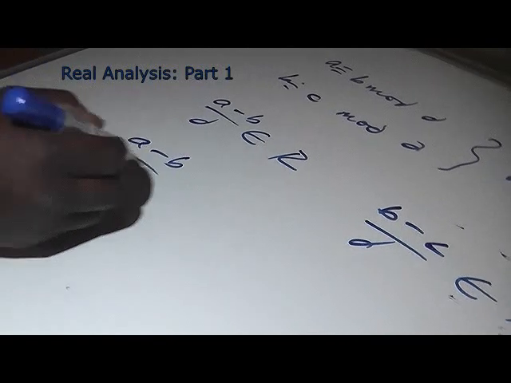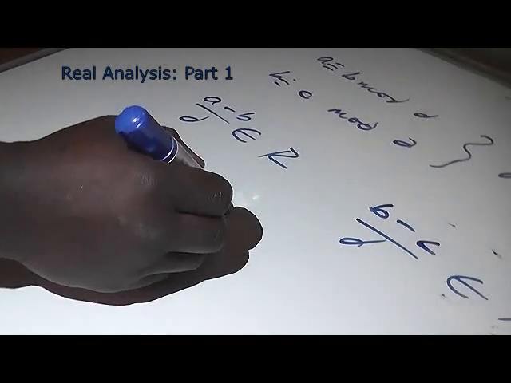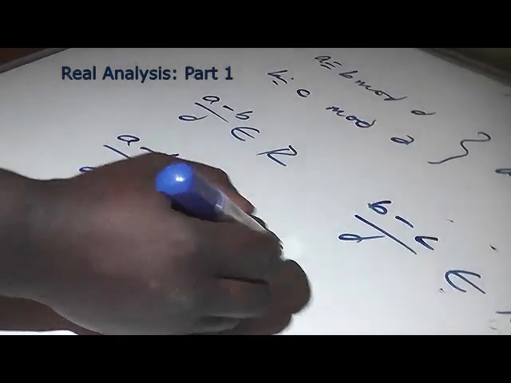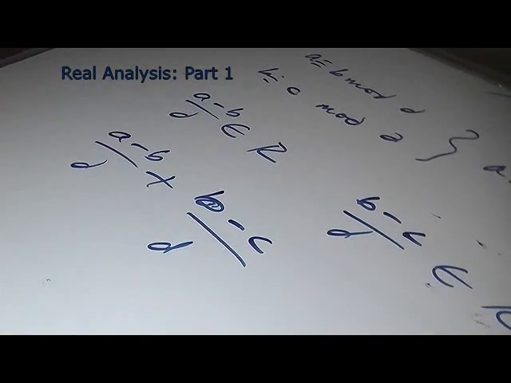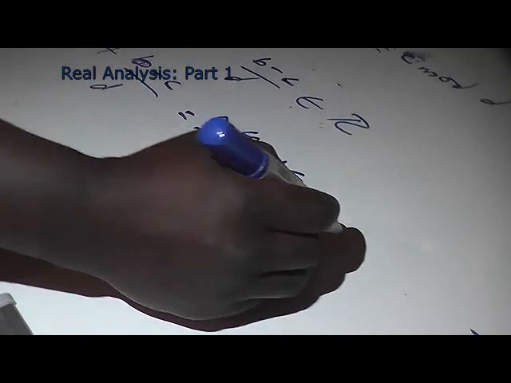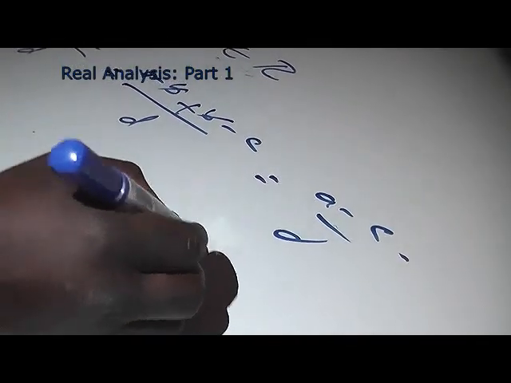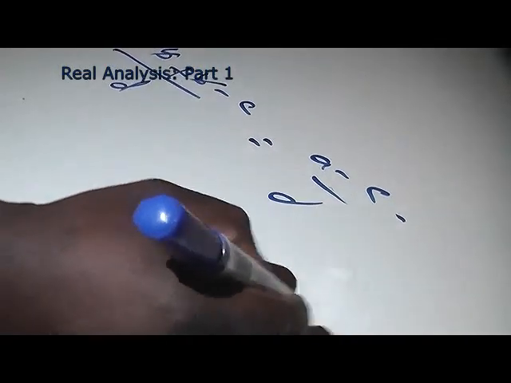An integer plus an integer is an integer because the set of integers forms the algebraic structure called a ring, which is closed with respect to addition. By taking the LCM, we have A minus B plus B minus C, which is A minus C over D, which means A is congruent to C modulo D as required.